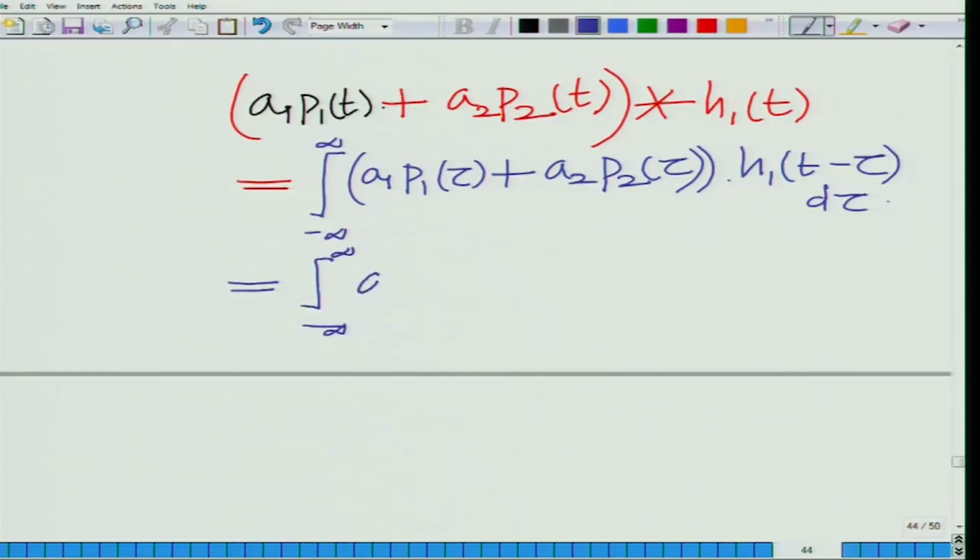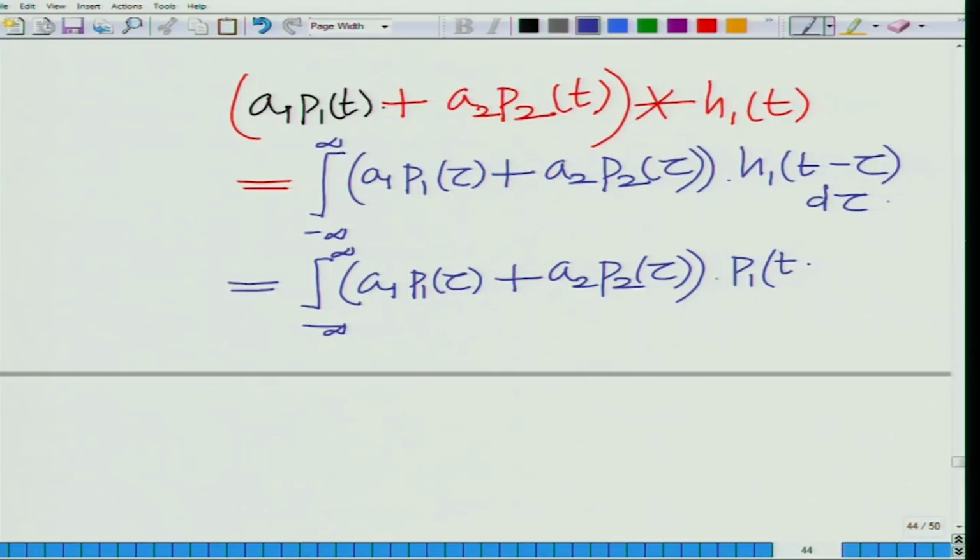So, this will be equal to the integral of A1 P1(tau) plus A2 P2(tau) times P1(T plus tau minus t) d tau, because we have to note here h1(t) equals P1(T minus t).